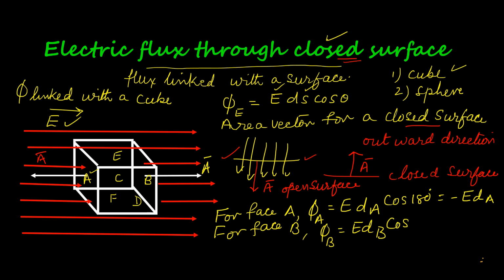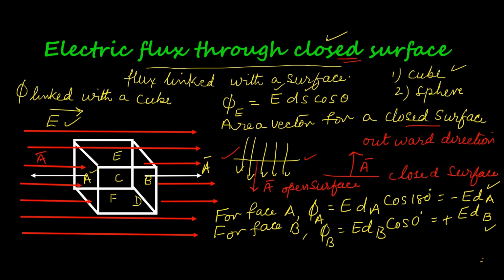Cos 0 is equal to 1. So the value is E dB. It is a positive value. The magnitude of area of A and B are same. Electric field also is same. So the magnitude of E dA and E dB are same. But one is negative and the other is positive. So they get cancelled.